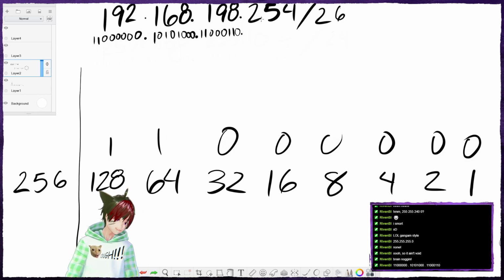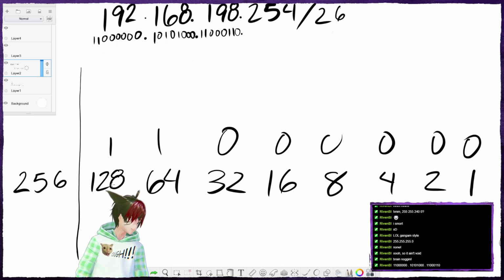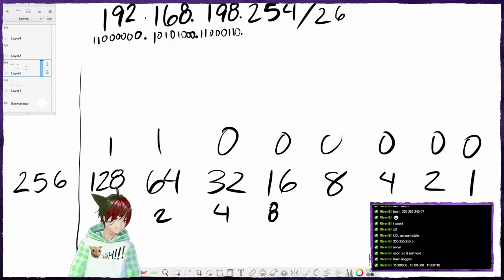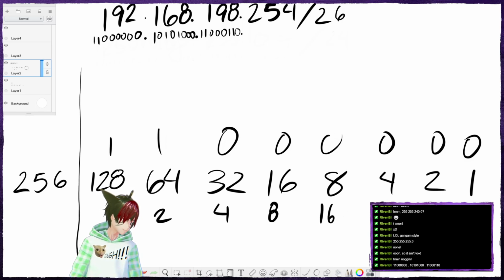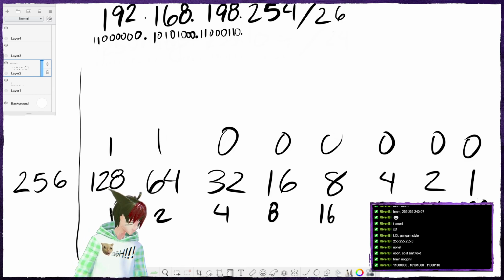This is where we have to think backwards. And this part of subnet masking is where it hurts my head.